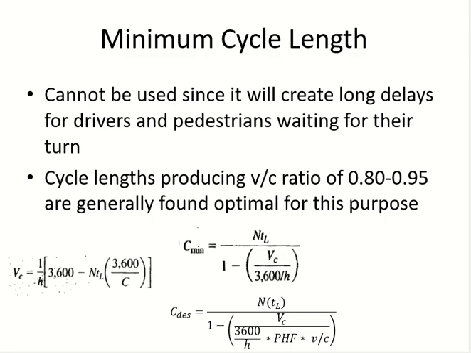Okay, and what is V by C ratio? What is my V by C? 0.9. Okay, so using this equation, give me the value of VC. You can use the other equation as well.